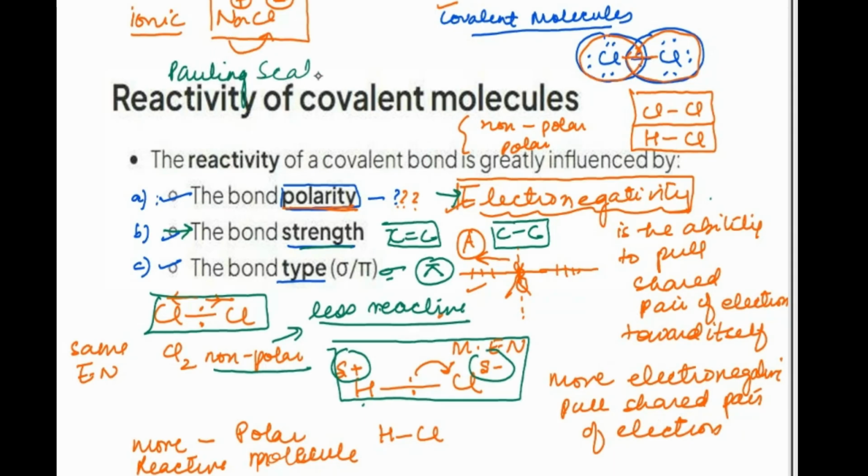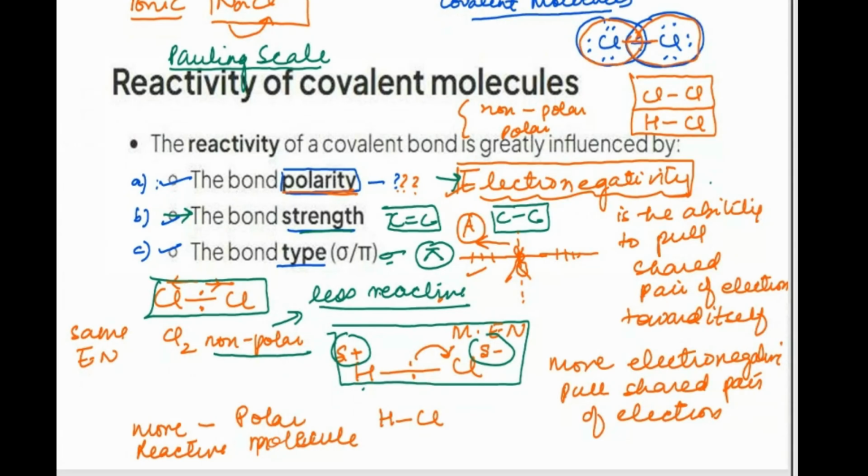According to that scale, all the elements have been given a value, which is their electronegativity value, which tells about their tendency to pull any shared pair of electrons toward themselves. Okay, so let's talk about each of these step by step. All right, so let's go ahead.